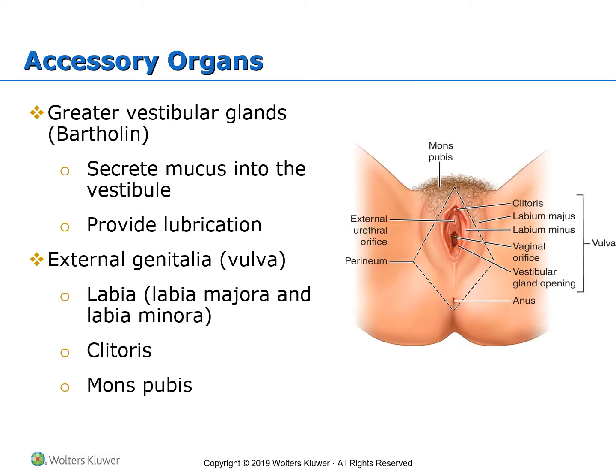Moving forward with the accessory organs of the female reproductive system, we'll discuss now the greater vestibular glands. Those are situated just superior and lateral to the vaginal opening, and they are mucus-producing glands that secrete into an area near the vaginal opening called the vestibule.